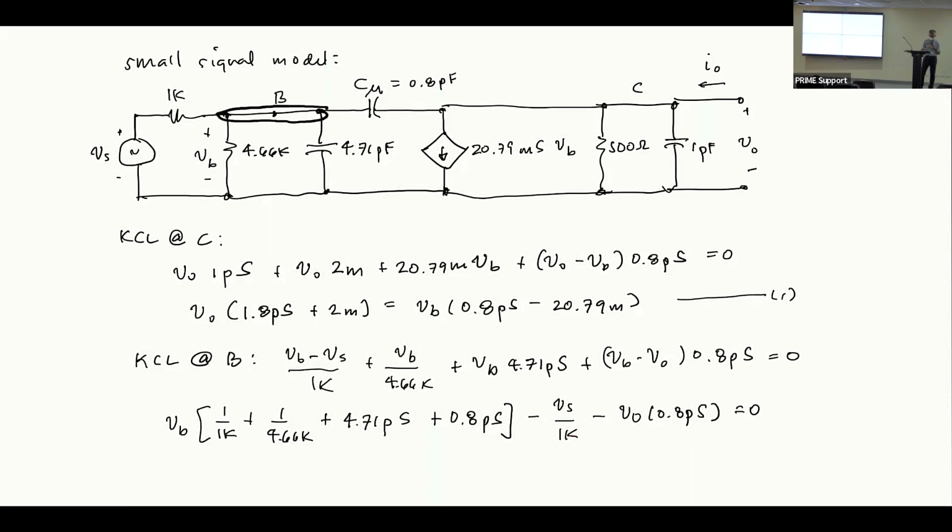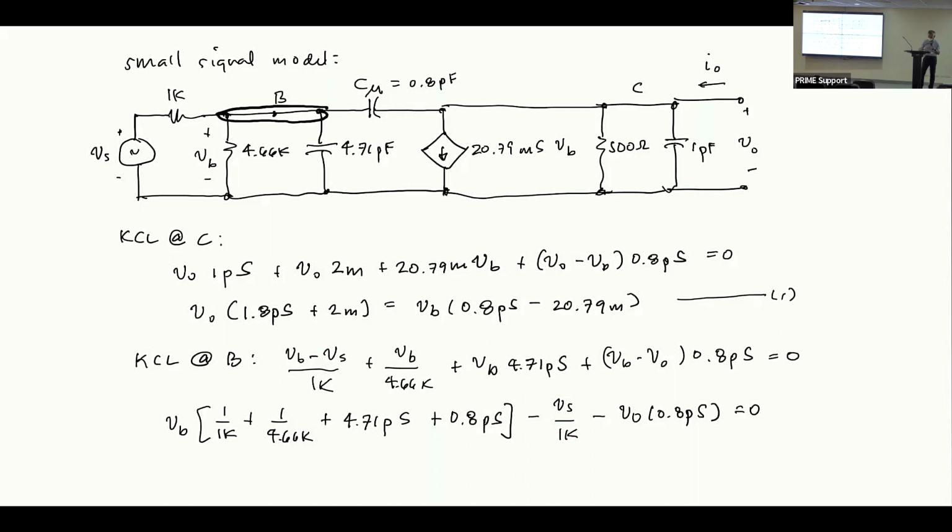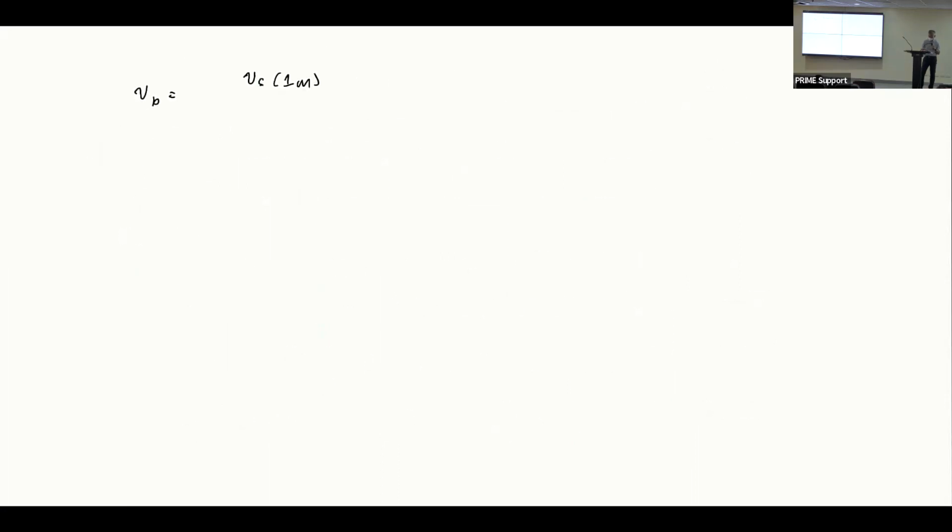So this is V sub S times 1M plus V sub O, kasi ililipat ko sa kabila to, magiging positive, V sub O times 0.8 PS all over, and then I just simplify this.